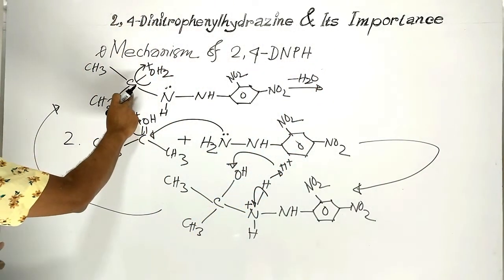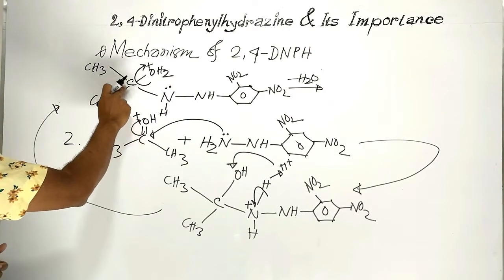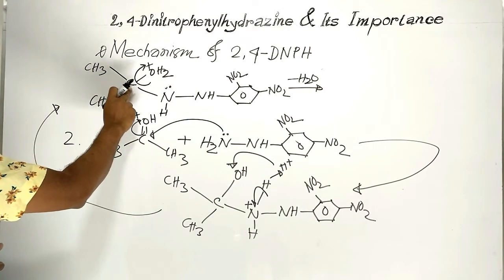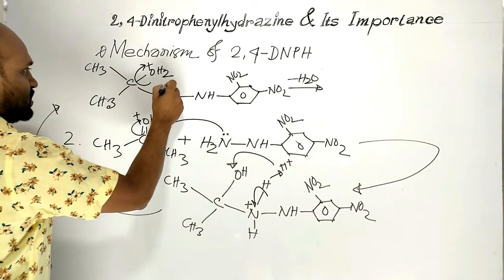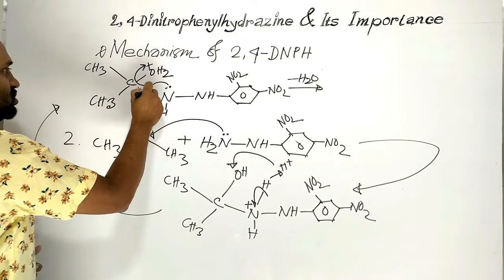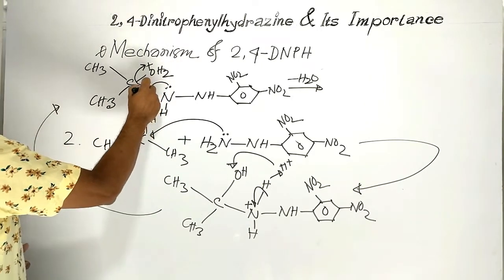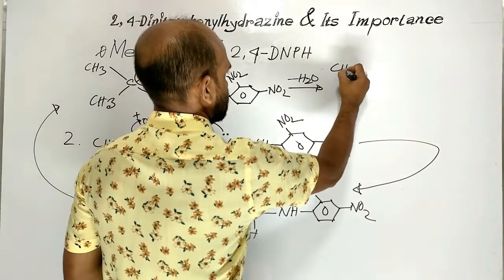Then positive charge develops over carbon. That is why this lone pair of electrons turn into bond pair here. Then this is obtained.